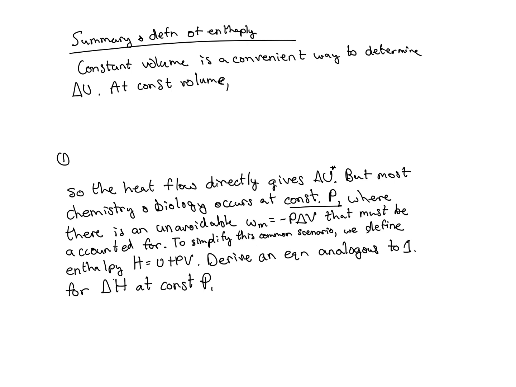At constant volume, if we use the differential form of the first law, we have dU is d bar q plus d bar work mechanical. Let's leave the non-mechanical work in for now.